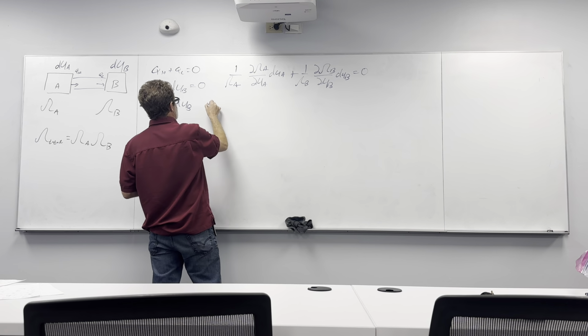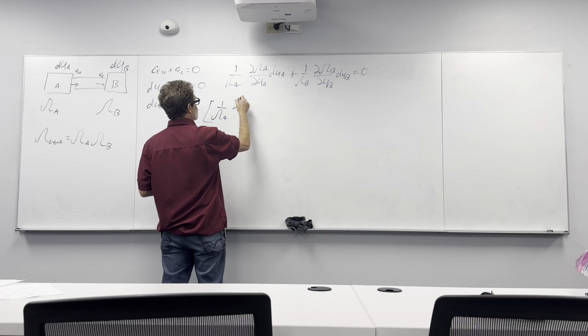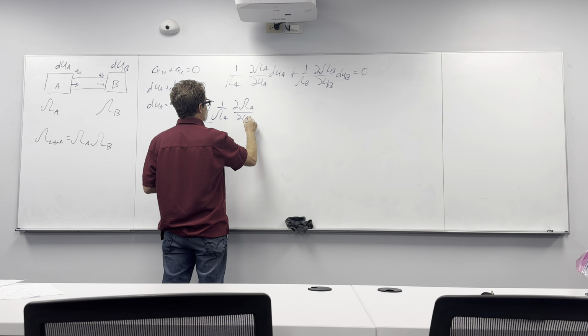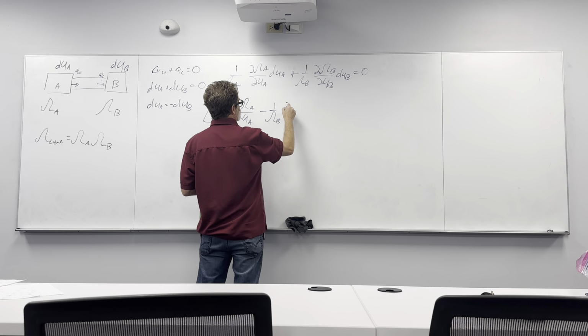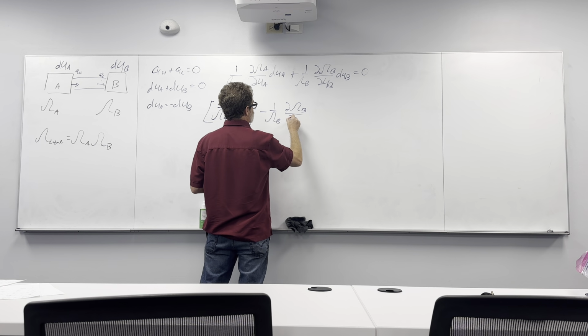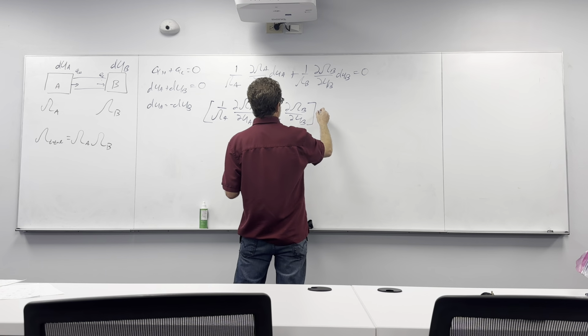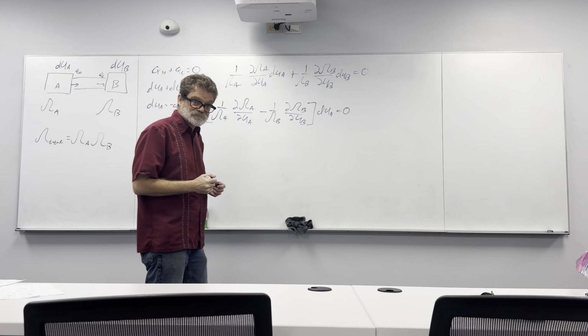So I can write this, and then I have dUA in each term, so I can factor it out. I'm going to be left with 1 over sigma A partial of sigma A with respect to UA minus 1 over sigma B partial of sigma B with respect to UB, times dUA equals 0.